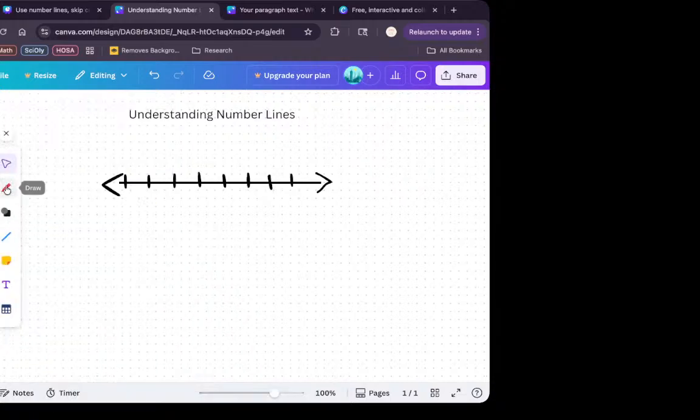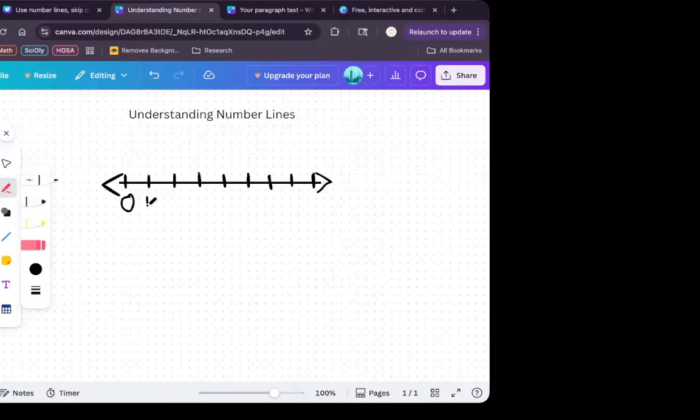In a number line, since each tick represents one number, we are going to write one number underneath each one. Since we didn't learn skip counting yet, we're going to start with 0 because all number lines for today will start with 0.